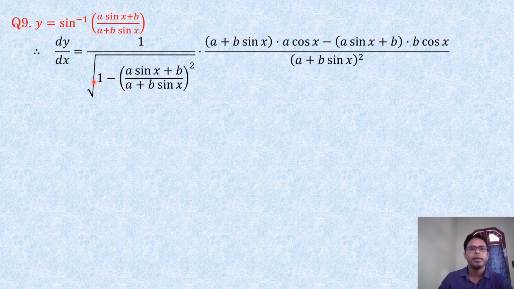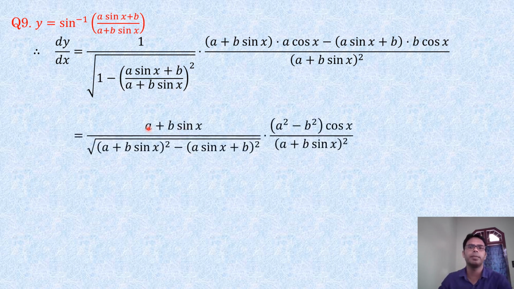Simplify it. The LCM is (a plus b sin x) whole square, and the whole square will come out of the root sign. It is simply a plus b sin x will go to the numerator. Actually (a plus b sin x) whole square is the LCM, but it is under the radical sign, and if you take the term out of the radical sign, that will go to the numerator without the square sign.